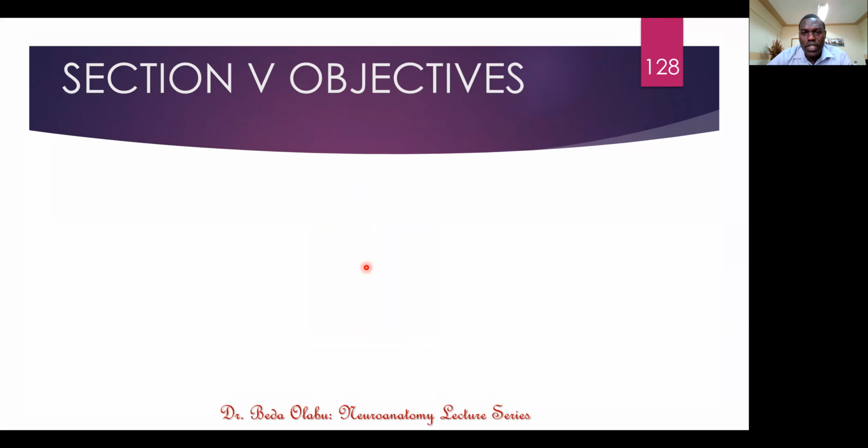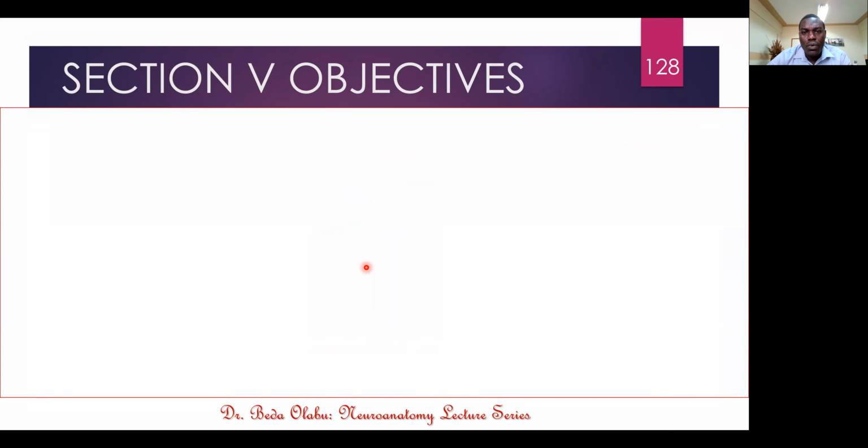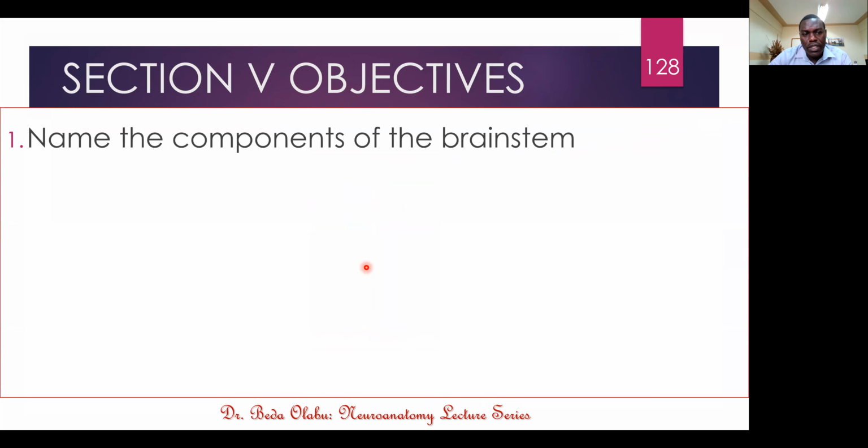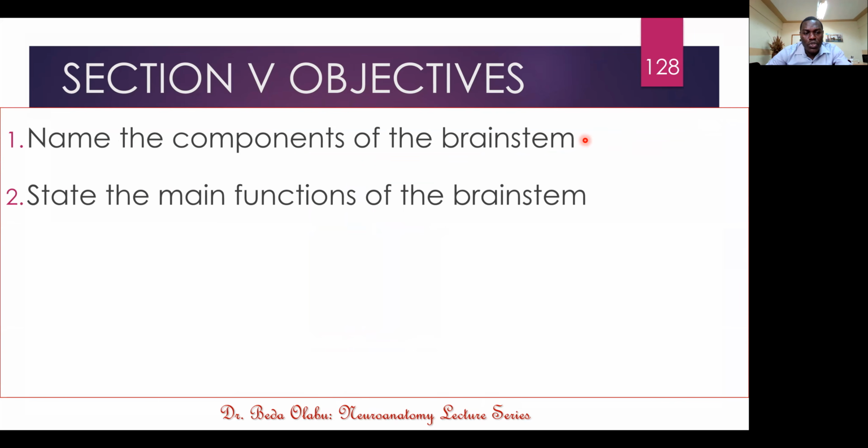So the objectives of this session, one is to look at the components of the brainstem. I believe you're already familiar with this, but for the sake of completion, we just have to say it again. We are also going to look at the main functions of the brainstem.